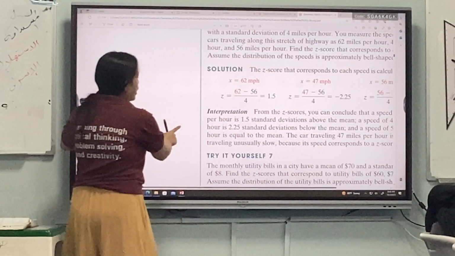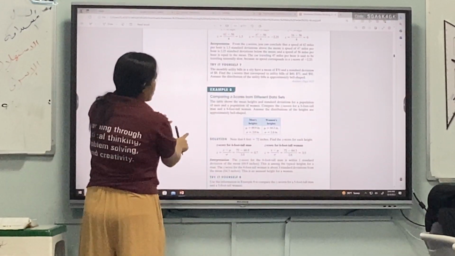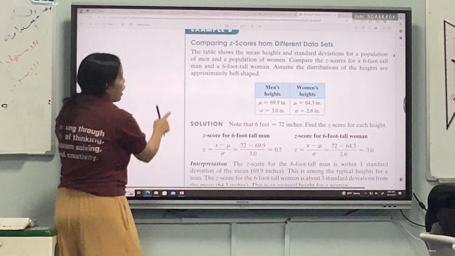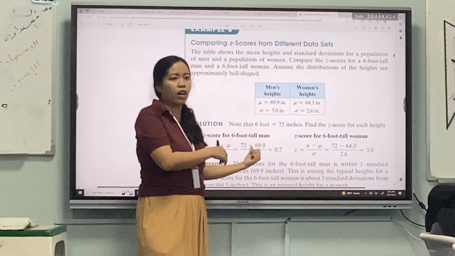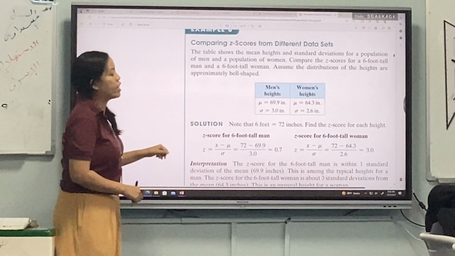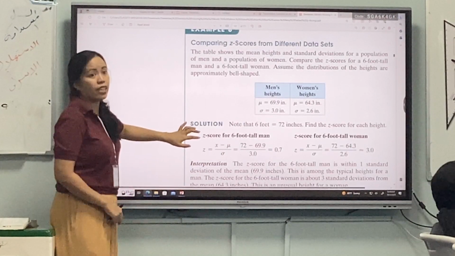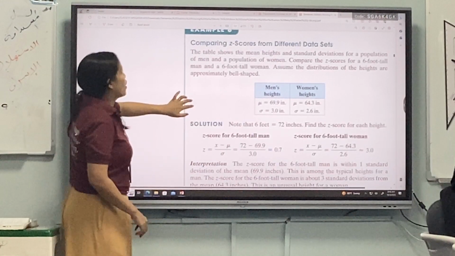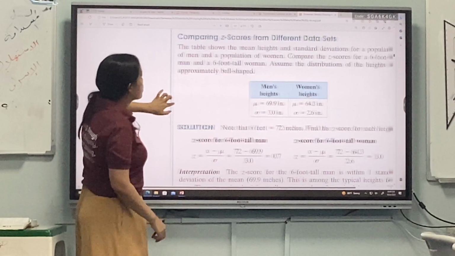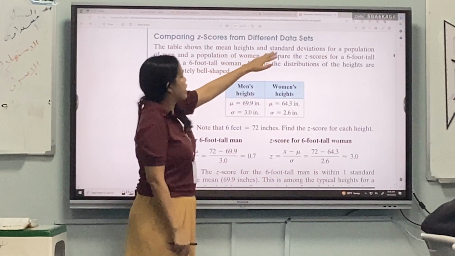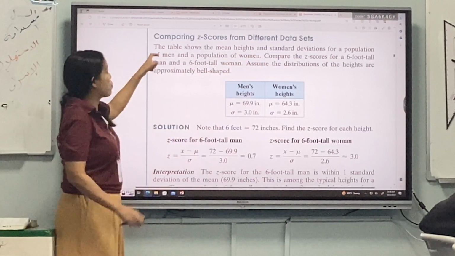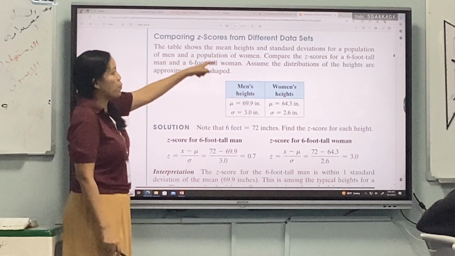Another example so you can easily understand this type of question. I will not solve this because you already know how to plug that in your formula, but let us analyze the answer. The table shows the mean heights and standard deviations for the population of men and the population of women.